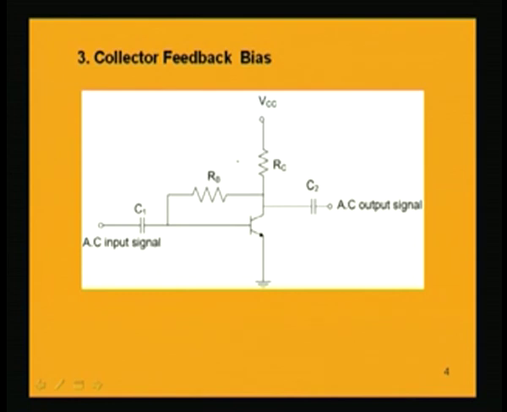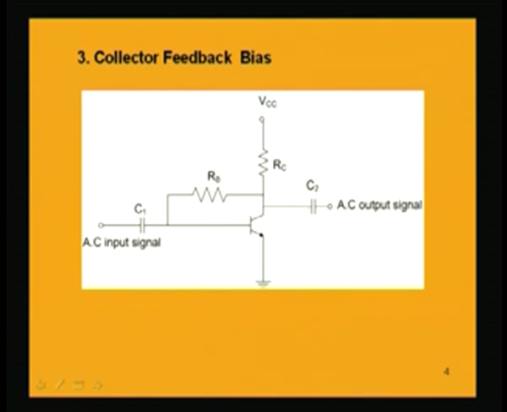Here is the biasing scheme along with the signal when you apply it for this common emitter amplifier. The input signal we apply between this point and the ground, an AC input signal we want to amplify. At the collector point with respect to ground, we expect an amplified signal without distortion at the output, that is the AC output signal.